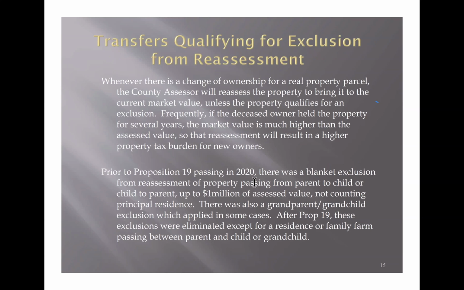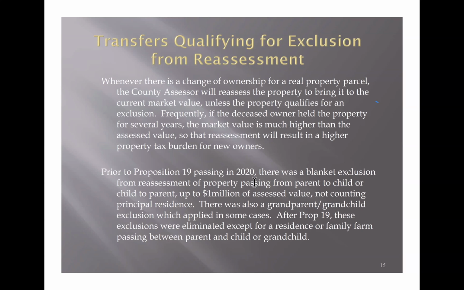So whenever a person dies, there's a change of ownership in any real property that they owned, and the county assessor will reassess the property to current market value. So if the owner, the deceased person, had owned the property for a long time, frequently the market value is going to be much higher than the assessed value because of old Proposition 13.